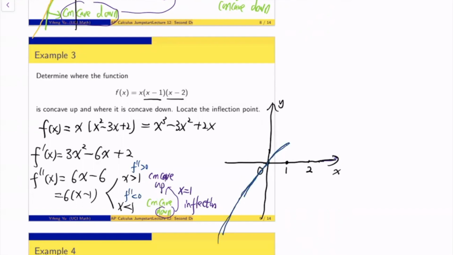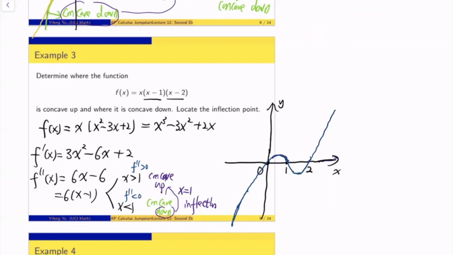Let's draw it. Because f double prime is 0 at 1, it's concave down when x is less than 1, then concave up when x is bigger than 1. So this is the graph.